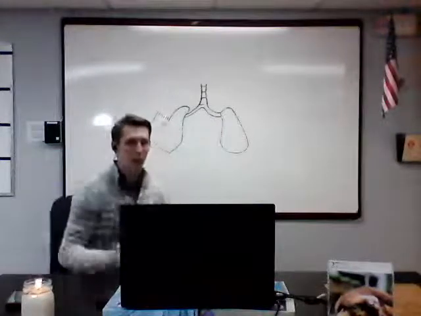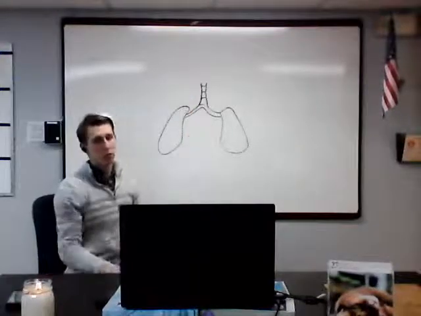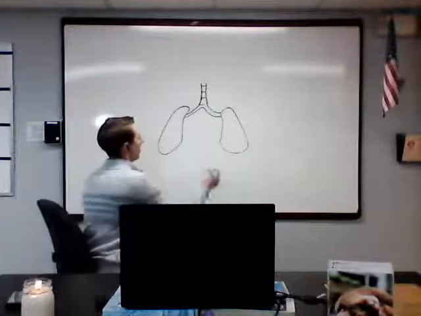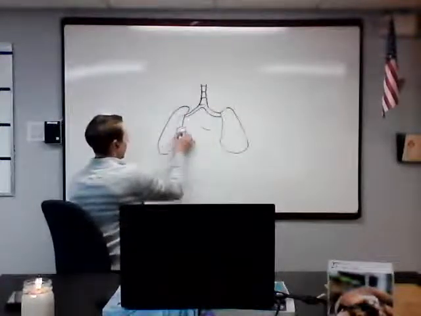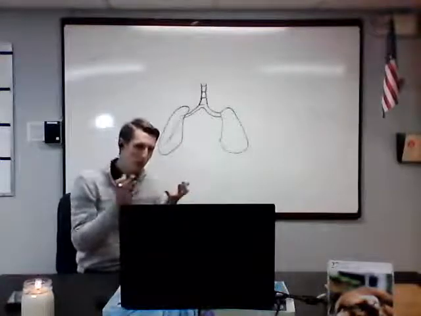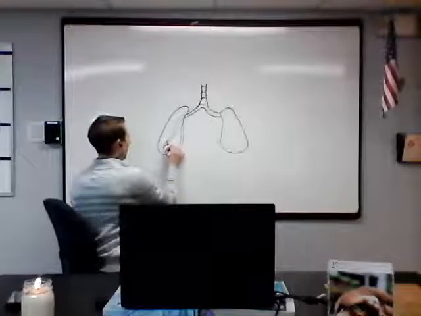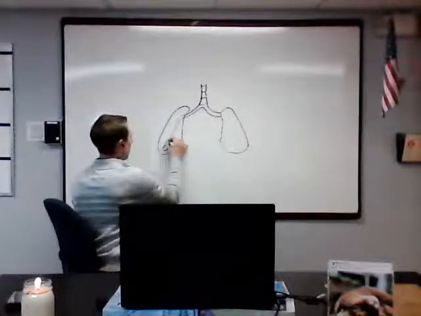But anytime we see this, we're going to see our trachea, of course. That's going to go into our bronchial tubes. And as that tubular structure branches off from each other, we're going to get these little sacs called alveoli.